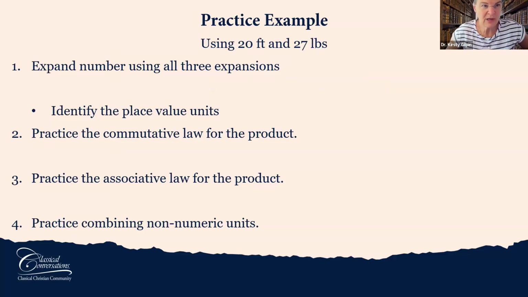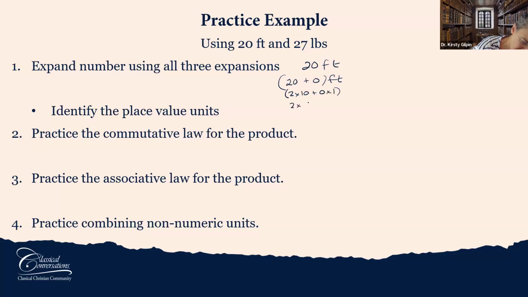So these are 2 random numbers, right? And so you, again, without ever actually doing the multiplication, just practice expanding. We're short on time, so I'm going to do the talking, right? So 20 feet is the same as 20 plus 0, right, times feet, or 2 tens plus 0 ones, or 2 times the first power of 10 plus 0 times the 0th power of 10 feet, right?